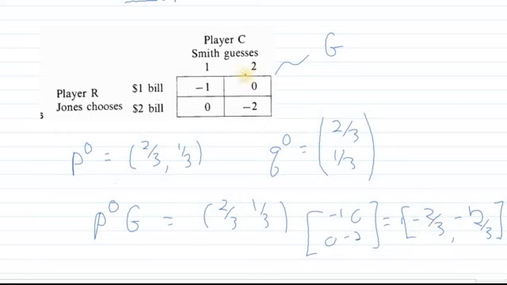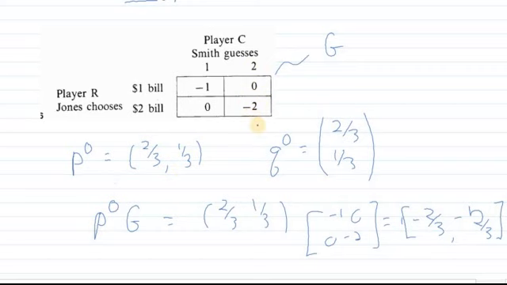Similarly, if Smith always guesses the $2, then what's going to happen? If Jones uses this strategy and pulls out a $1 bill 2/3 of the time, $2 bill 1/3 of the time, then Smith will only be right 1/3 of the time. So out of, say, 30 times they play the game, Smith will be right 10 times, but each time he guesses right, he gets $2.